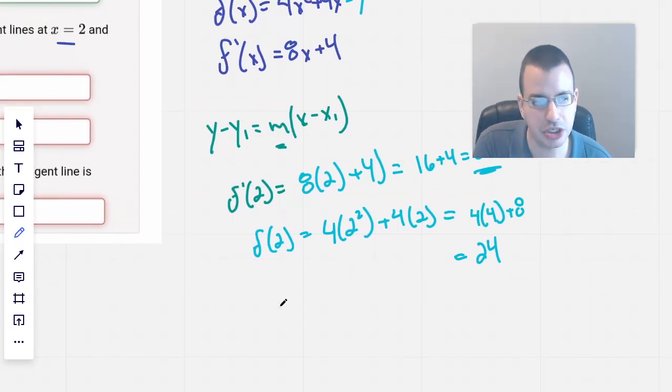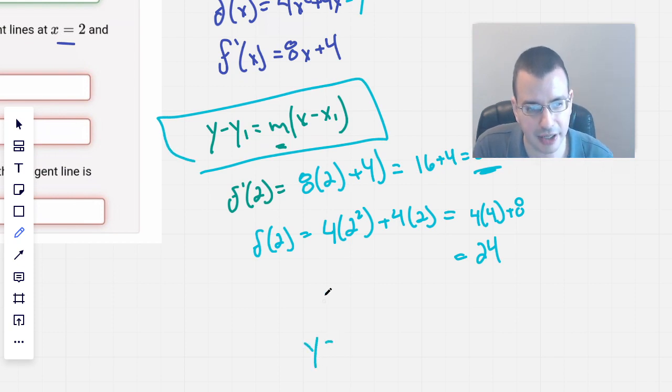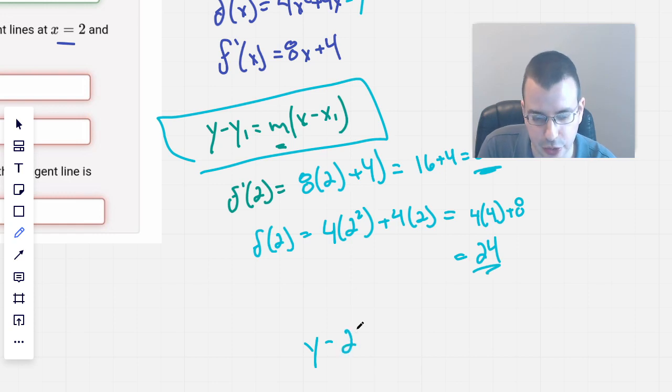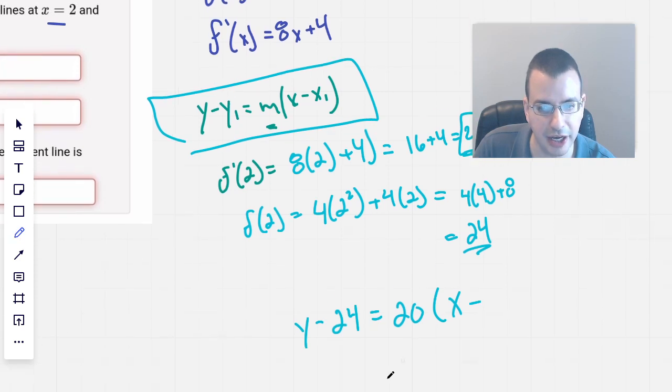Plugging this into our equation, right up here, we have y minus 24 equals m, which is the slope, which you already know is 20, times x minus x1. And x1 we know is 2, because that's kind of assumed.